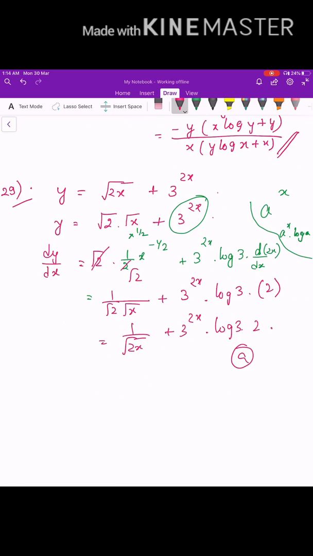Rest all the questions are very similar. Next, let us try 36.